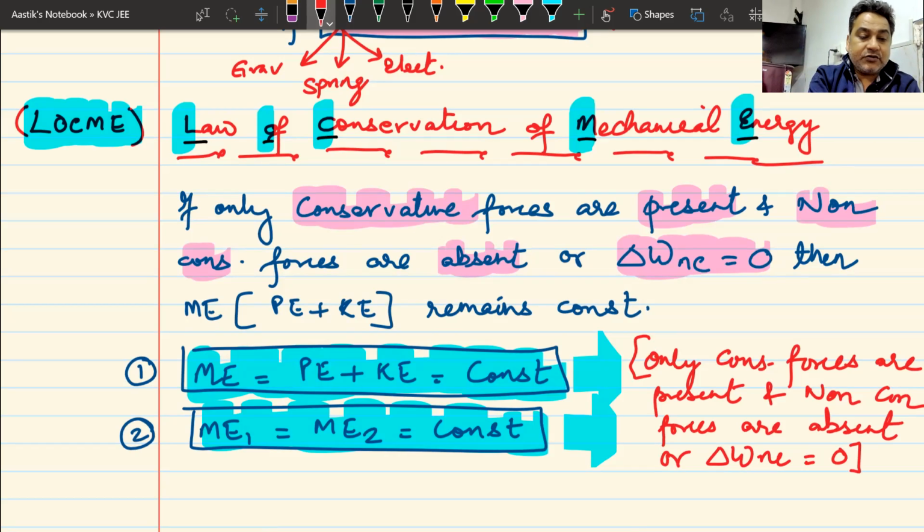I'll give you a minute to note this down. Then I'll note down the smaller points here, summarize them, and then probably we'll wind up the class today with this information. In the next class, we will be solving questions on law of conservation of mechanical energy. 2 minutes for everyone to note this down.